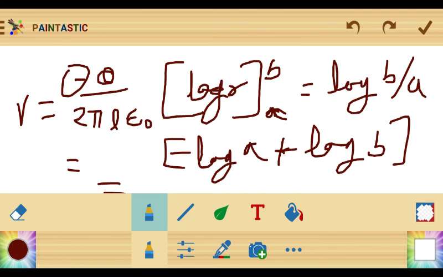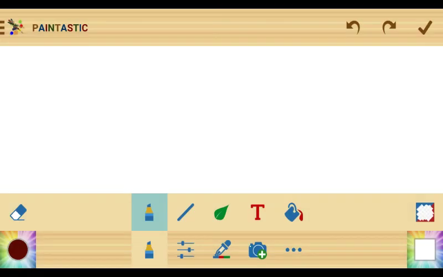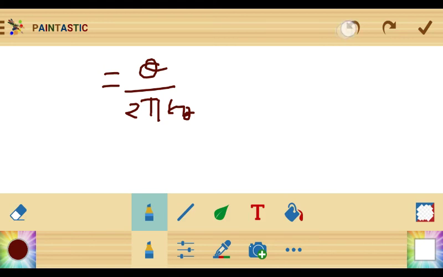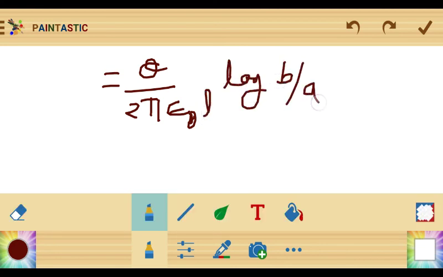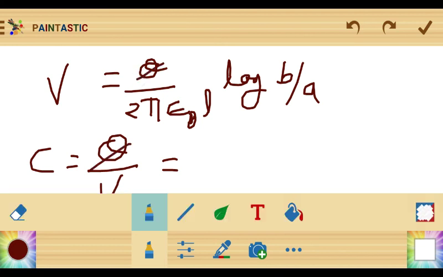So the answer will be simply Q upon 2 pi L epsilon 0 log B upon A, which is V. Now C is obviously Q upon V. Substituting this value, this Q will cancel out and the other things will go up and down.